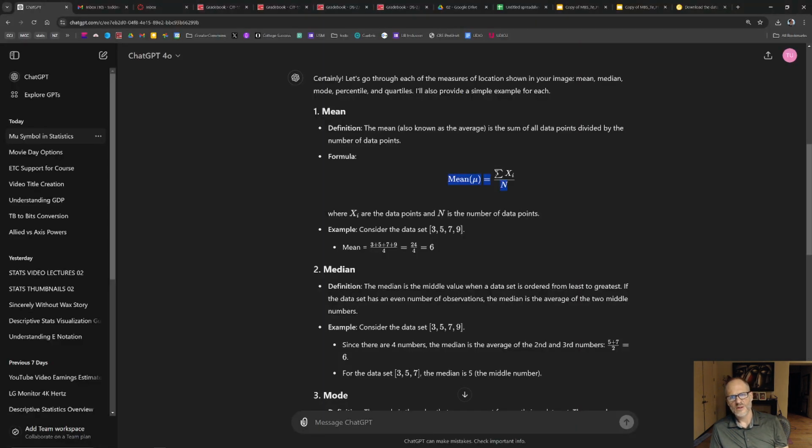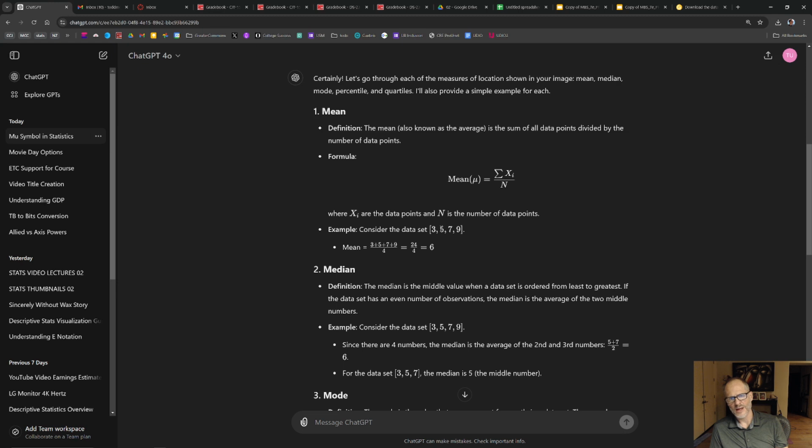What we're going to do is sum up each of the data points, x1, x2, x3. If we have this data set right here, 3, 5, 7, 9, we sum up x1, x2, x3, x4. That's what xi represents, where i is each member of the data set: the first, second, third, and fourth member.